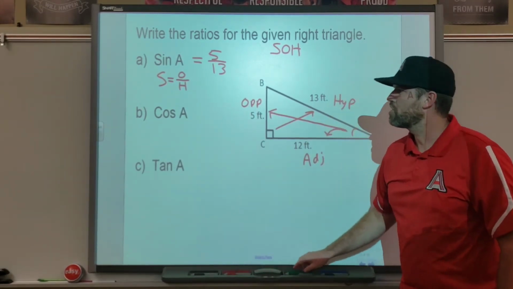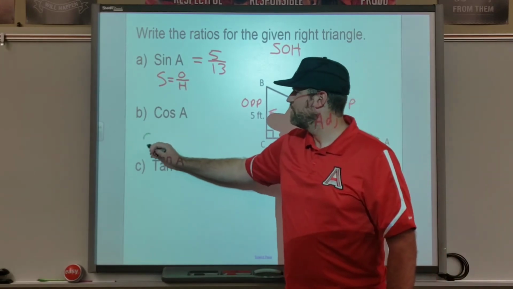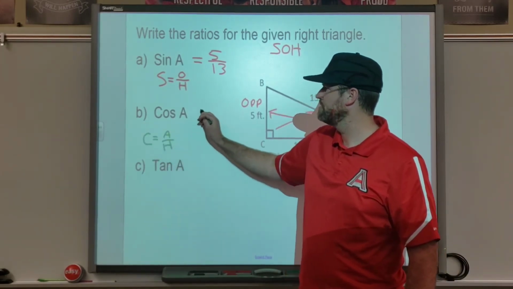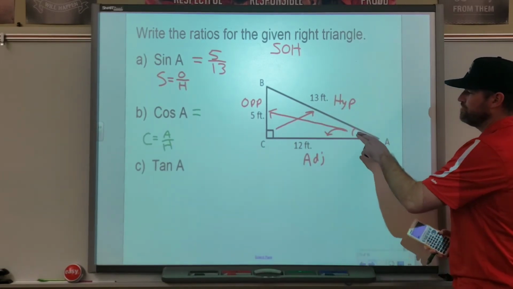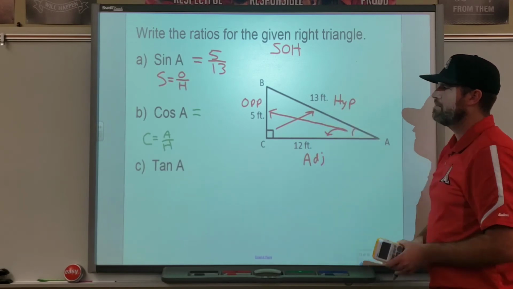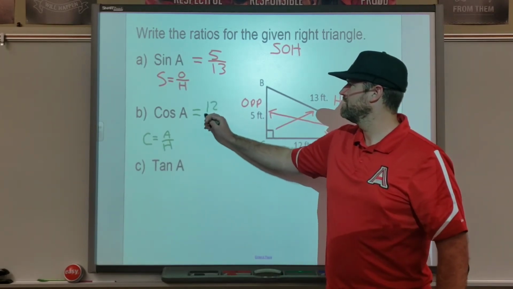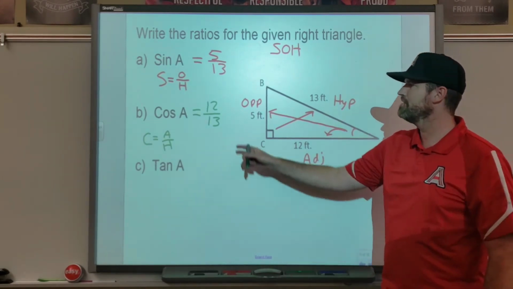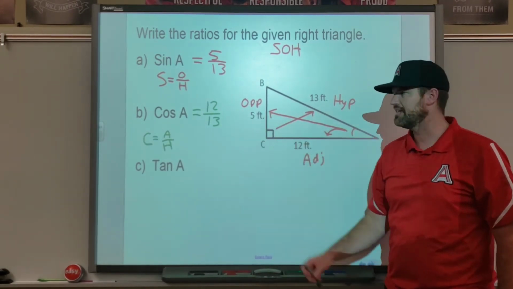When we go to do cosine, I know that that's CAH, or C equals A over H. And so I'm going to go to my adjacent side, which is 12, divided by my hypotenuse, which is 13. And the ratio of the adjacent over hypotenuse would be 12 over 13.